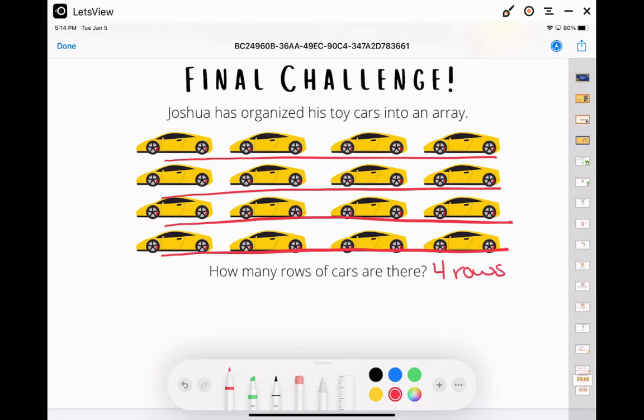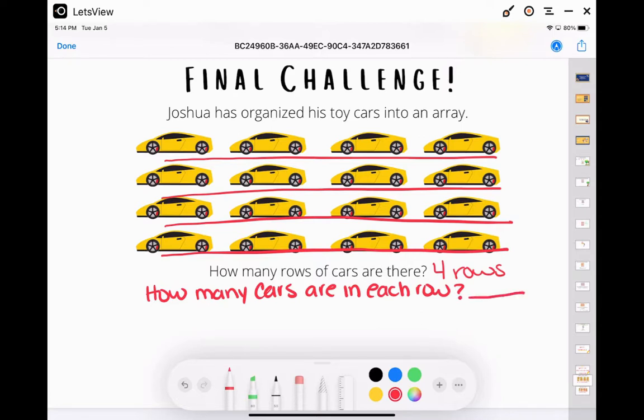I've got another question for you, and it's not on my screen, but I'm going to write it up here. My next question for you is, how many cars are in each row?